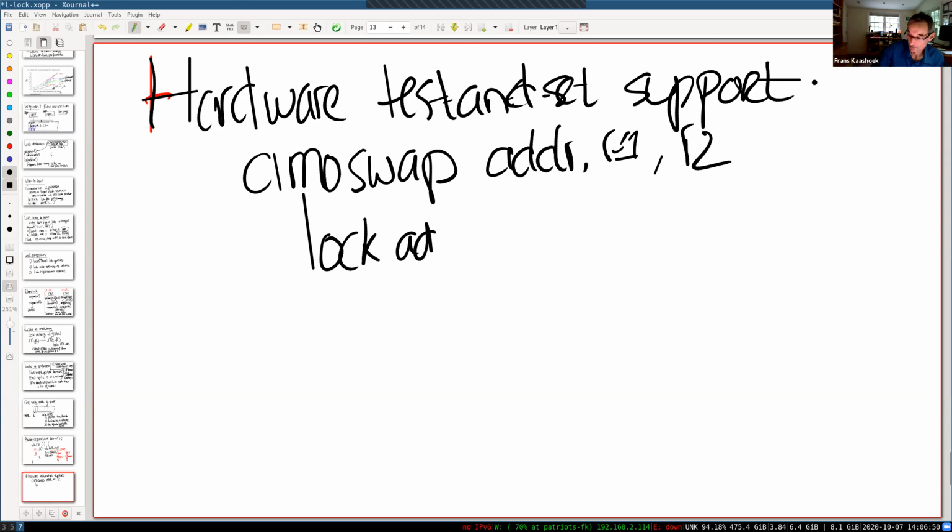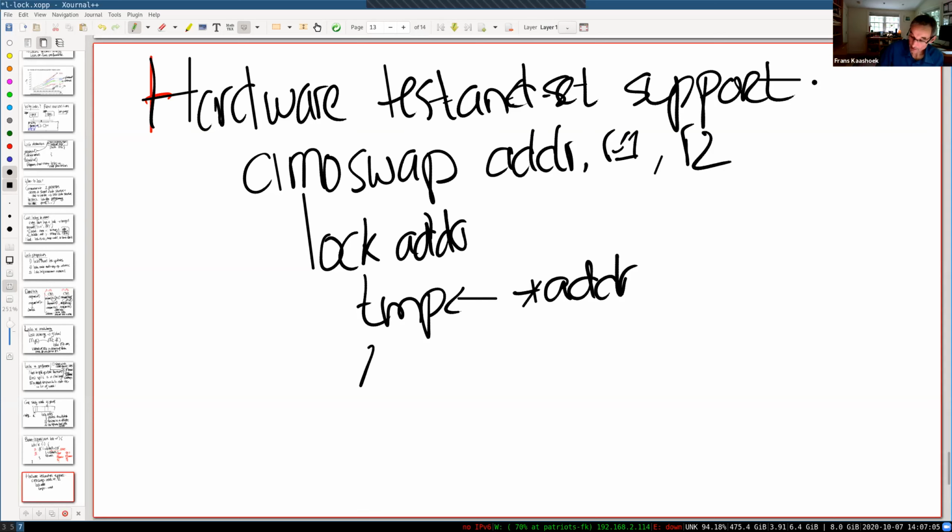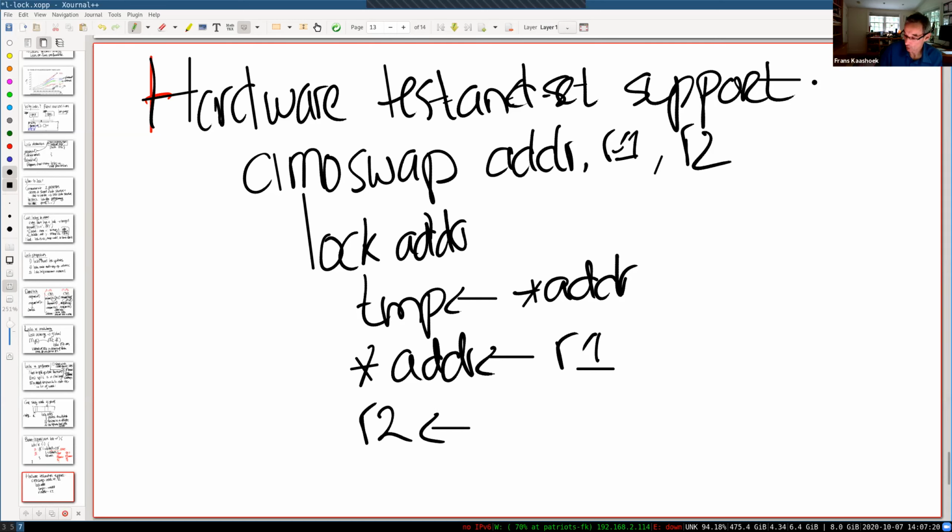We'll talk about that a little bit more in a second. It puts in a temporary variable the value that is at that particular address, and then writes the value of R1 into that address. And then it puts the value that was originally at the address into R2, and then unlocks and returns.